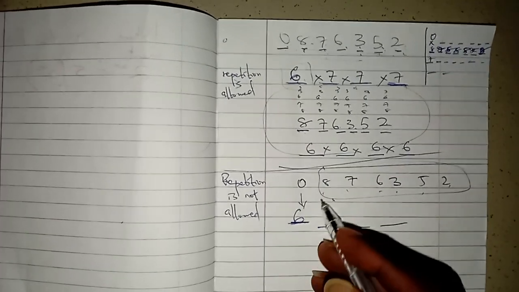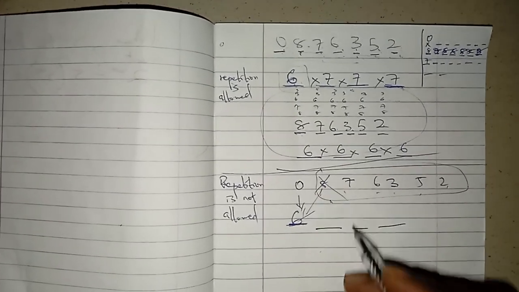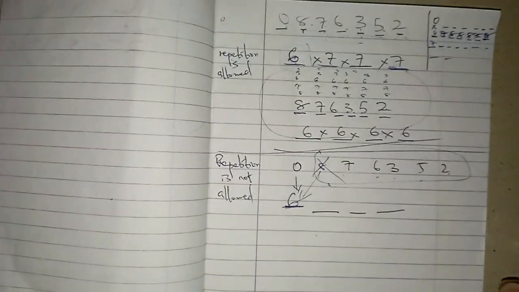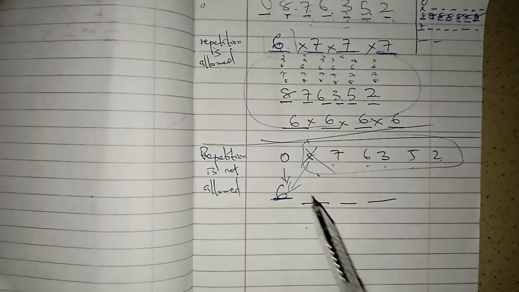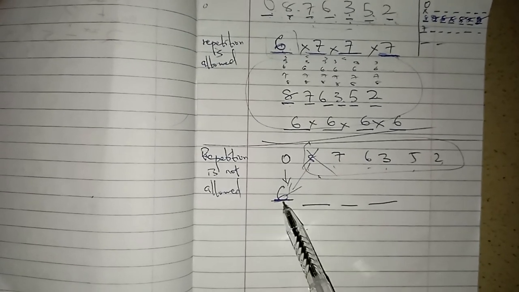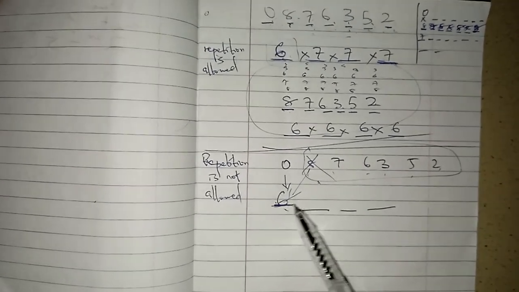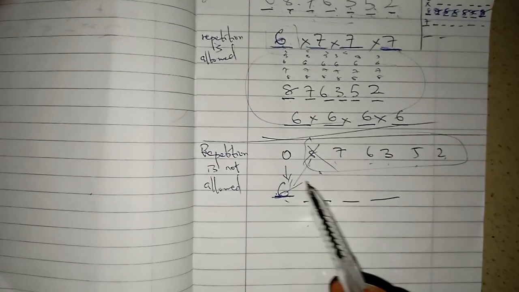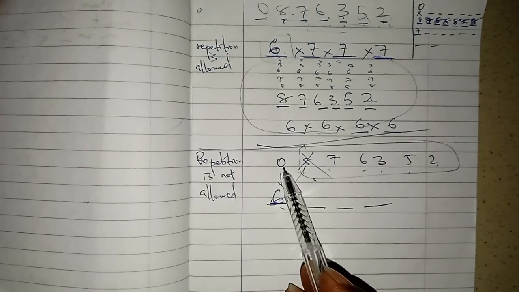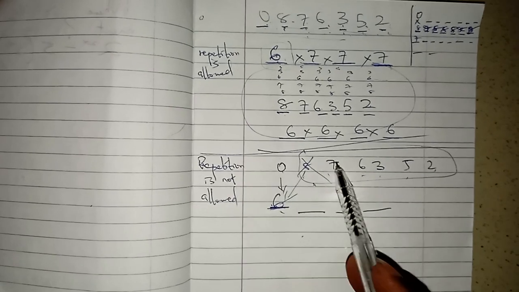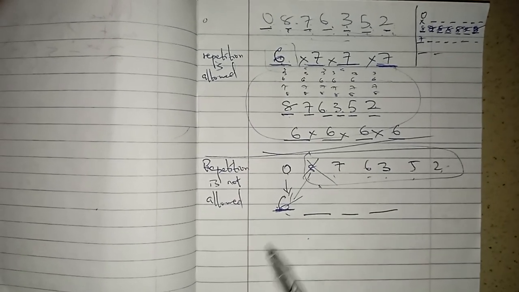The minute I've chosen one here, this is out. When repetition is not allowed, if I choose this, it is out, or if I choose any of it, it is out. Now if I go back for a 4-digit number, 0 can't start it, but once anything starts it, 0 can follow. So the remaining options I have when I come to the second item is 1, 2, 3, 4, 5, 6.